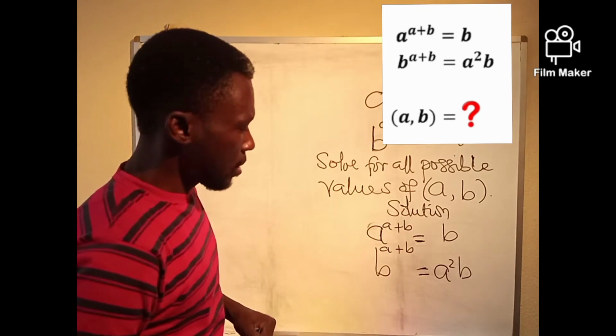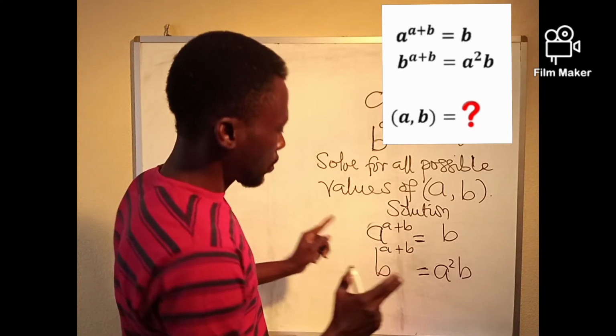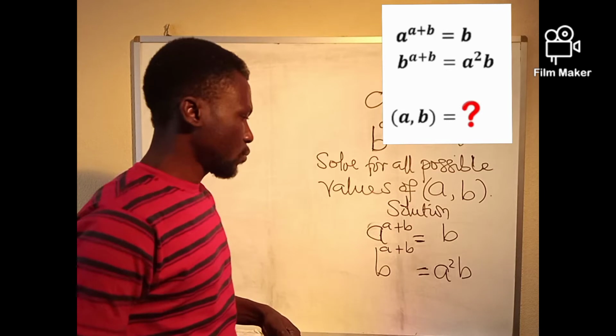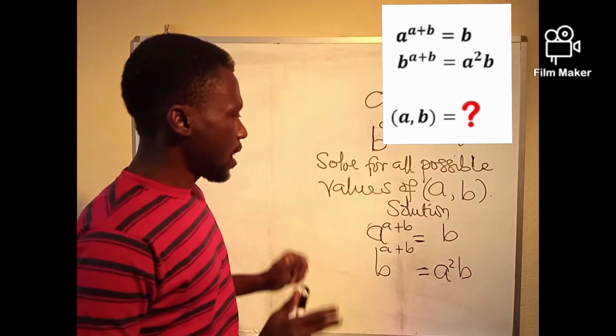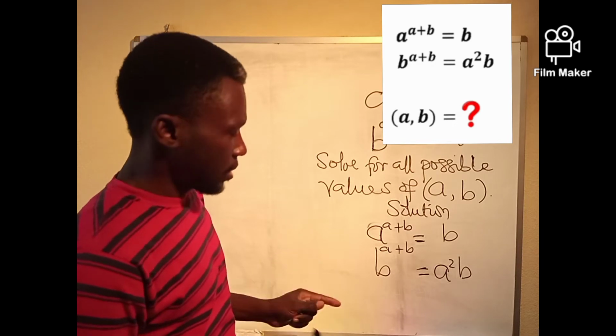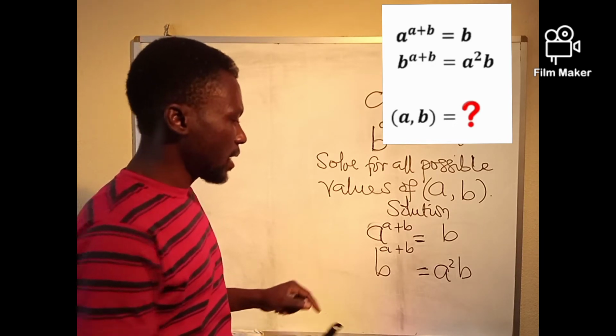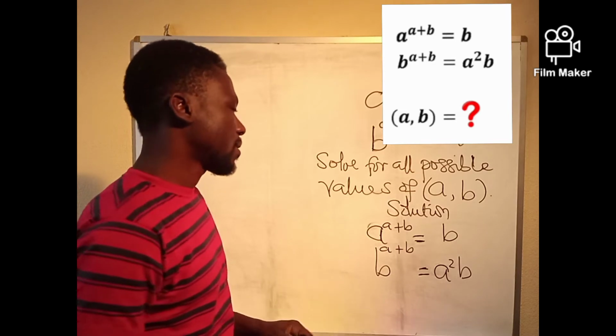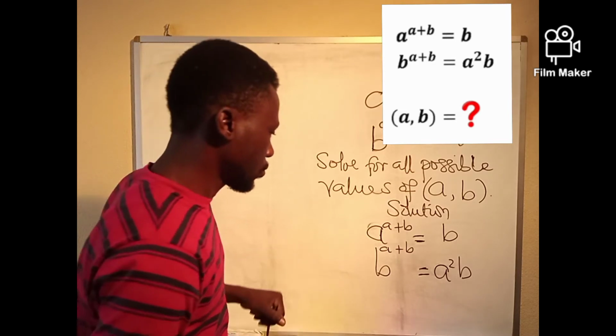All right. So now let's write one more step. What we're going to do here is multiply the equations together, since our aim is to find the values of a and b. So we are going to multiply the left hand side of the equation together, and then the right hand side of the equation also together.